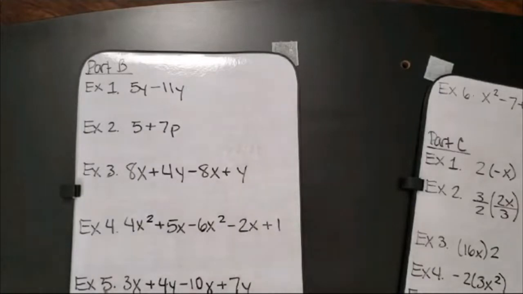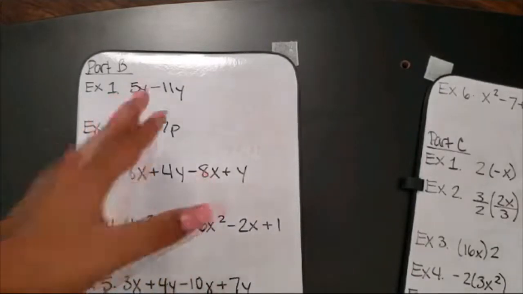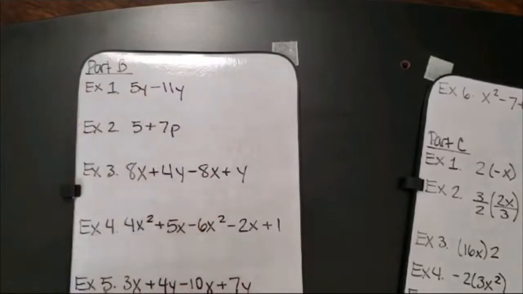Kind of like it's 5 apples minus 11 apples. So we'll just do our work with the 5 minus 11 and it'll still be apples at the end. So that's basically how like terms work. You can only combine things that are alike, and we call that combining like terms.